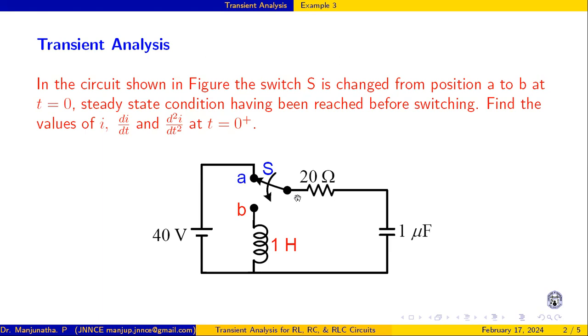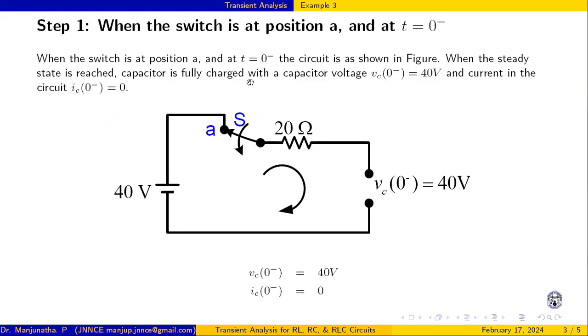Current starts flowing and the capacitor goes on charging, up to whatever the source voltage is. Once it is fully charged, the voltage across this capacitor is also equal to 40 volts, and the source and capacitor voltages are the same, so current will not flow in this circuit.